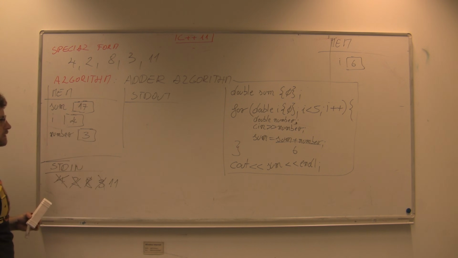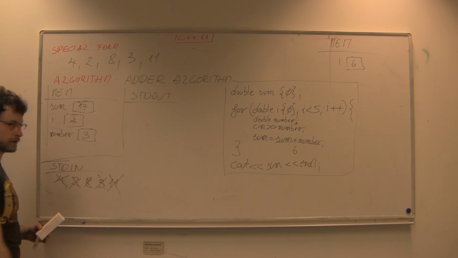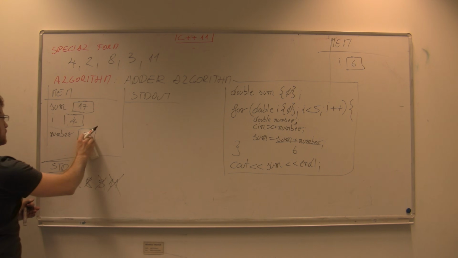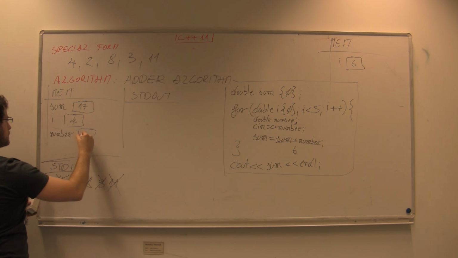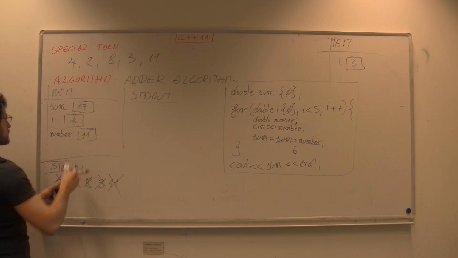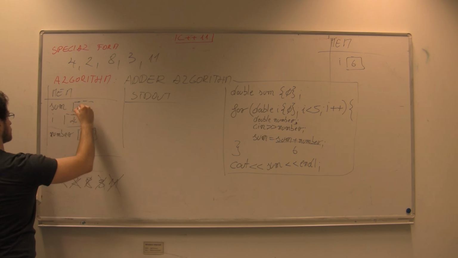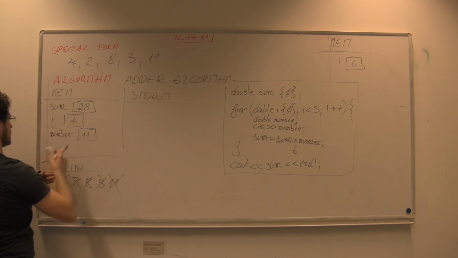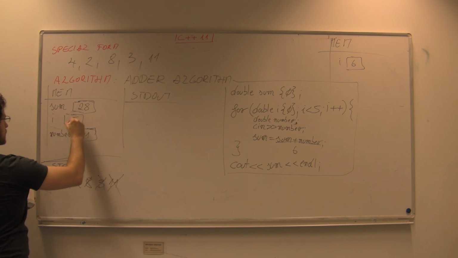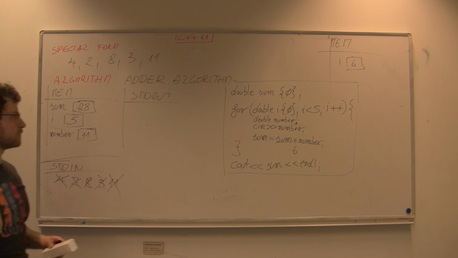Check the condition, valid. Extract another value from standard input. Store it in number. Add this to sum. Increment I. Check condition. Condition no longer valid. Loop terminates.